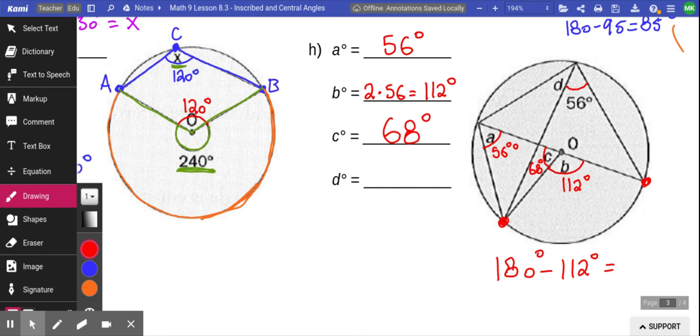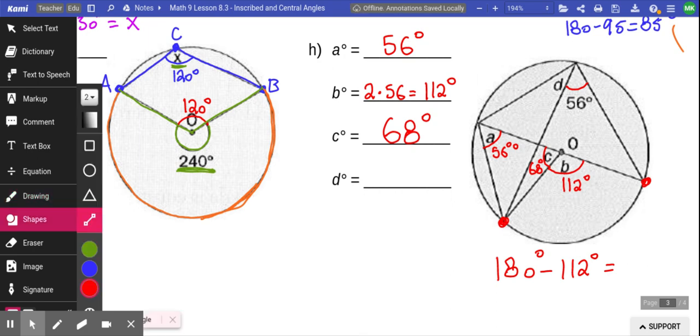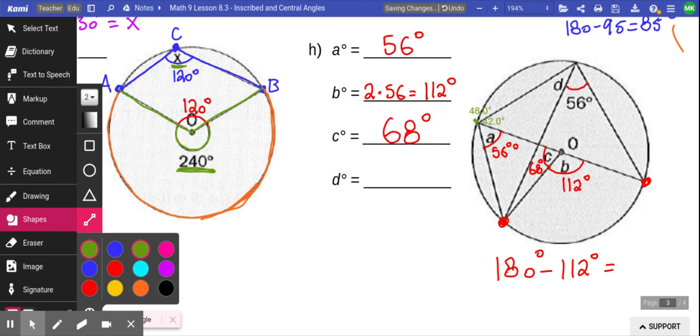The way that we're going to get angle D, and again, there are other ways to do it, but I'm going to show you how I would do it, is I would recognize that I have a semicircle here, something that cuts everything in half. If I draw a line right through the middle, I can cut that circle in half.